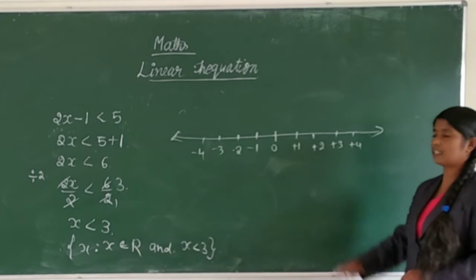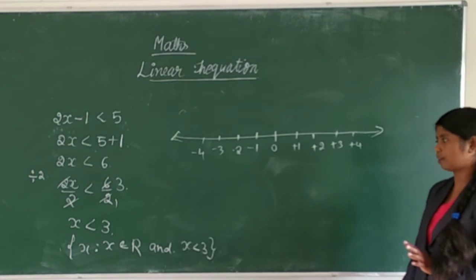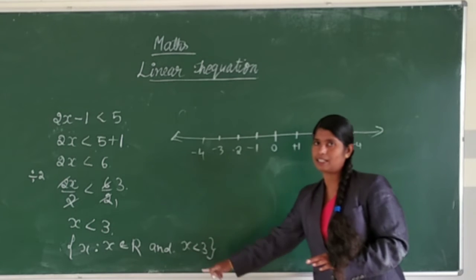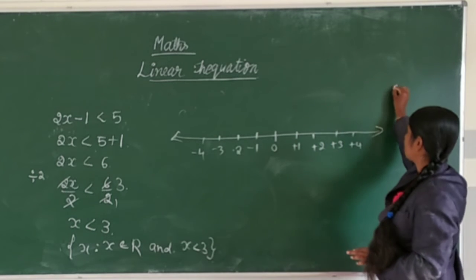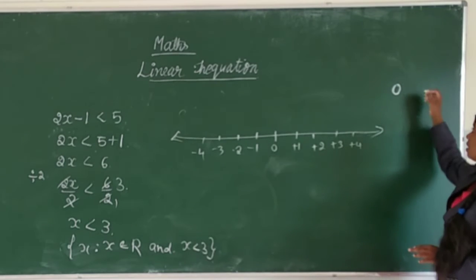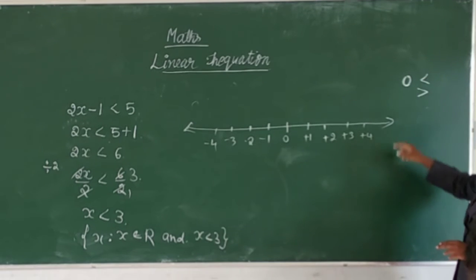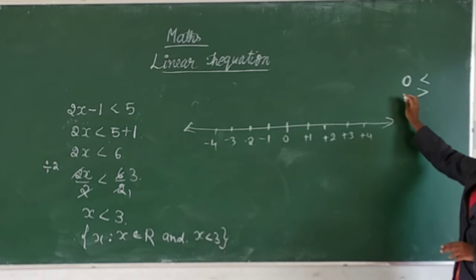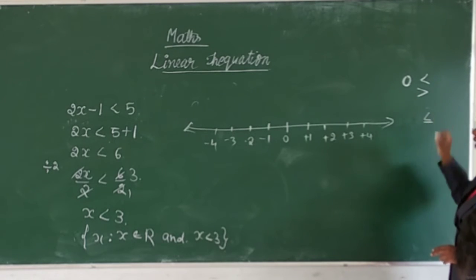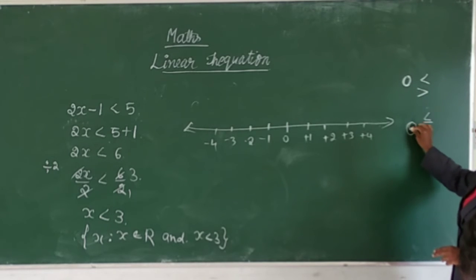So before representing, let me explain how to represent. If it is strictly less than or strictly greater than, then we have to represent with a hollow circle. Hope you understand. If only less than is given, always represent with a hollow circle. In case it is less than or equal to, greater than or equal to, then a circle with shade inside that.